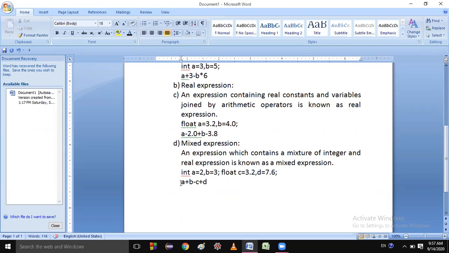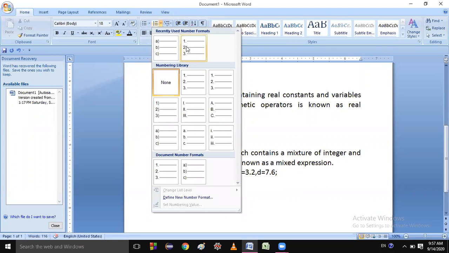So you can say this expression comes under the mixed expression category. Arithmetic expression is completed.